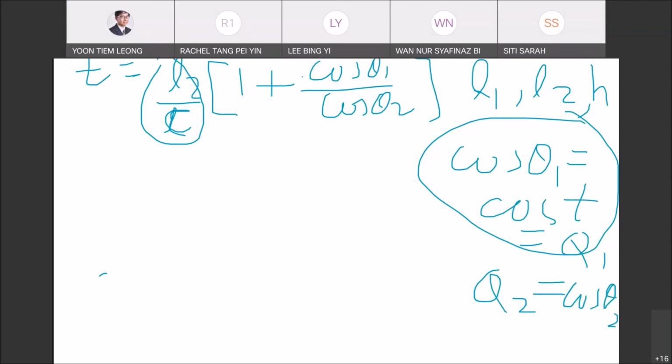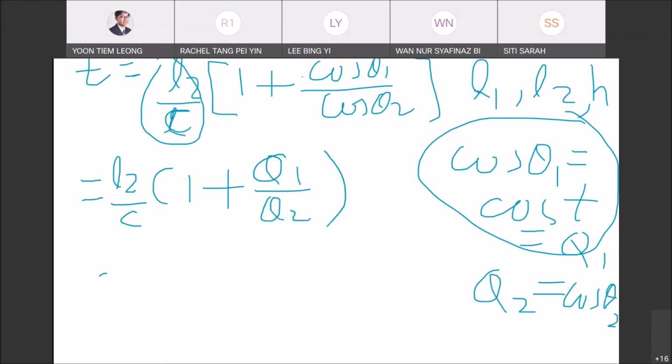By doing that, I'll be able to express the function of t in terms of some constants: L2 over C times 1 plus Q1 over Q2.